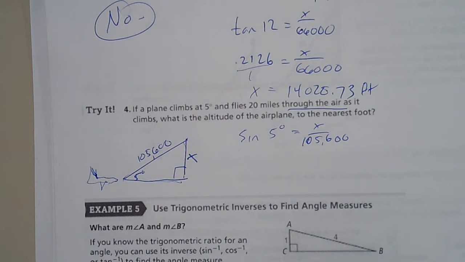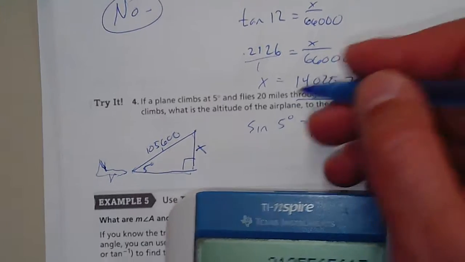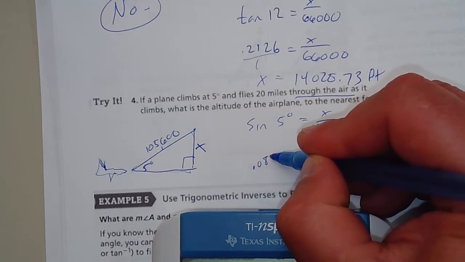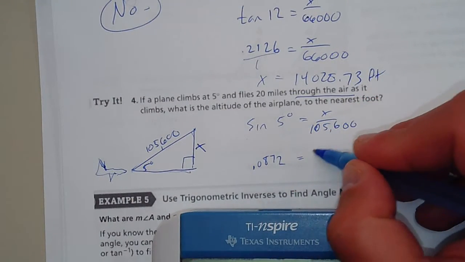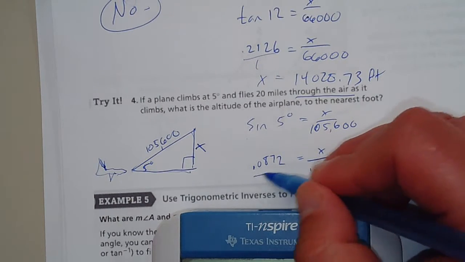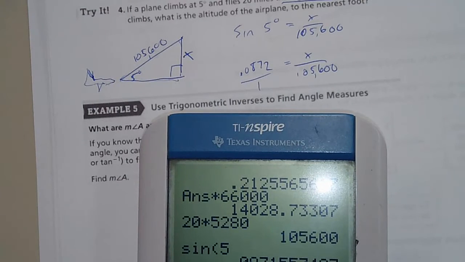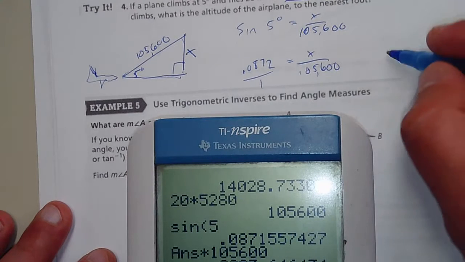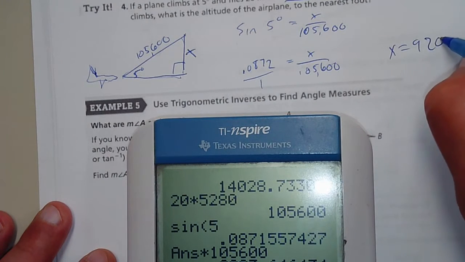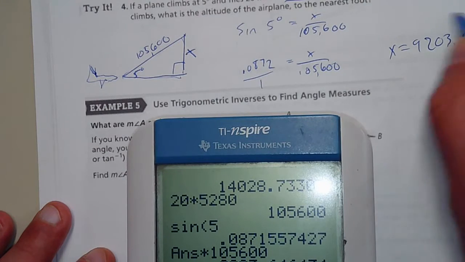Just like our other problem, sine 5 is a number, so we just type that in. 0.0872. This is going to solve just like the last one did, where we can put this over 1 and cross multiply. So take our value here, multiply by 105,600. And x is 9,203.665 if we round it.